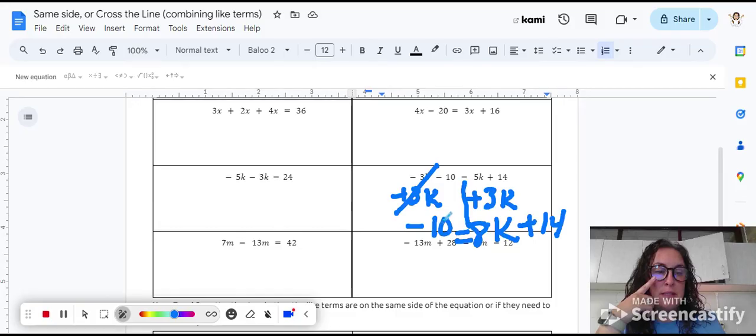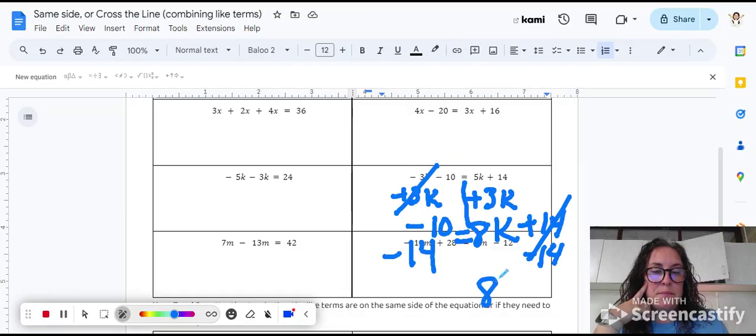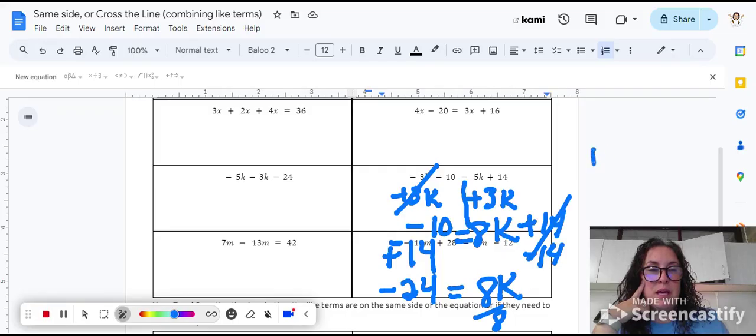Can't move the negative 10, he's the last man standing, so we are going to move the 14. Notice it was a plus 14, and I'm doing subtract 14. Okay, negative 10 minus 14, I can think of that as a plus and negative, is negative 24. We're going to divide by 8, and k will equal negative 3.